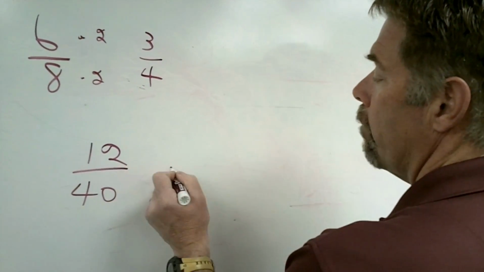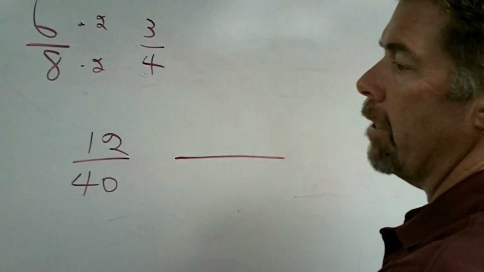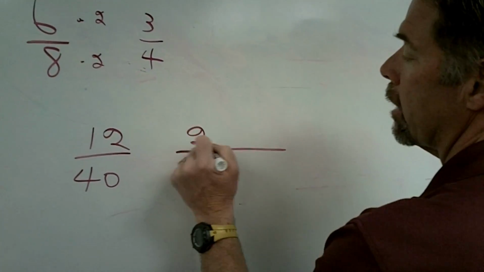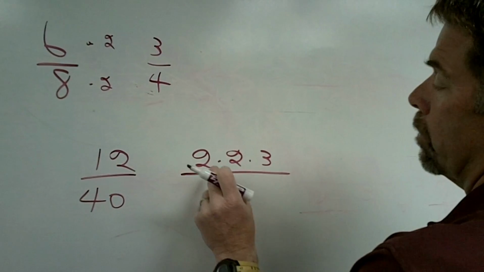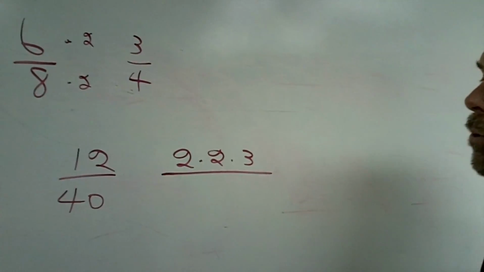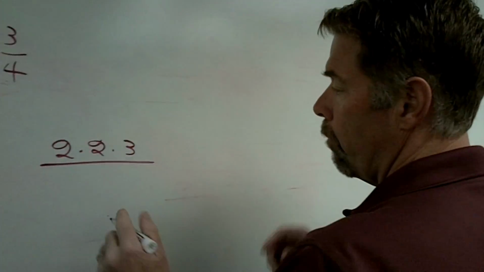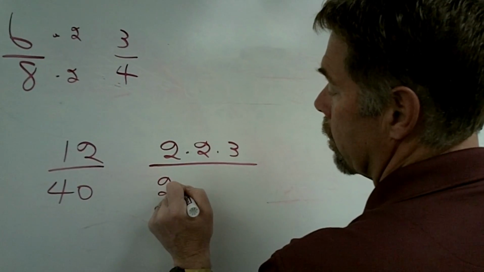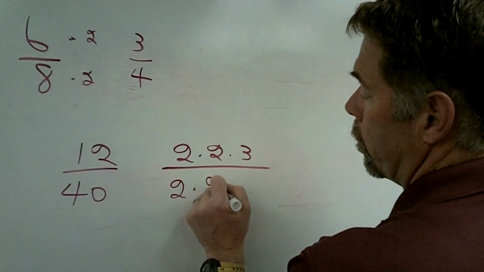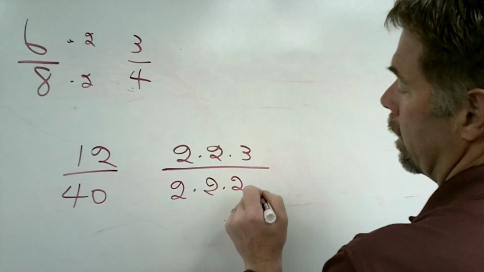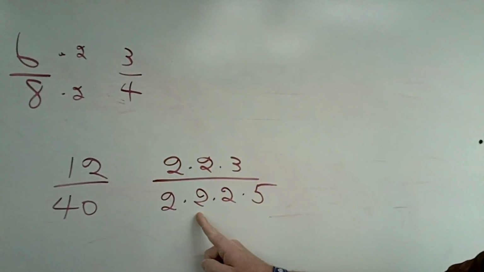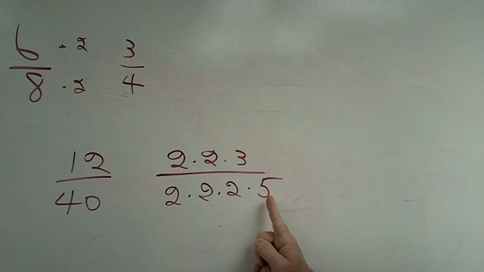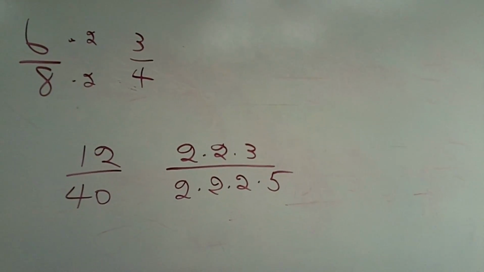Okay? So 12 over 40, if I were to write that factored out, I would write that as 2 times 2 times 3. 2 times 2 is 4 times 3 is 12. The bottom, 40, I would factor that out as 2 times 2 times 2 times 5. 2 times 2 is 4, times 2 is 8, times 5 is 40. Okay?